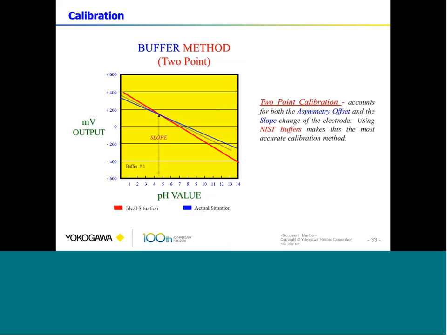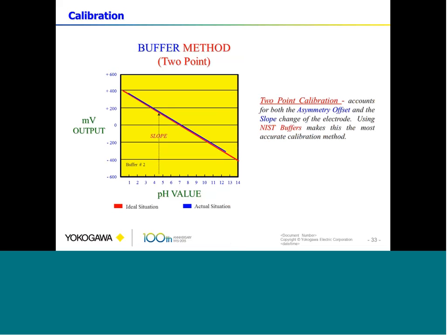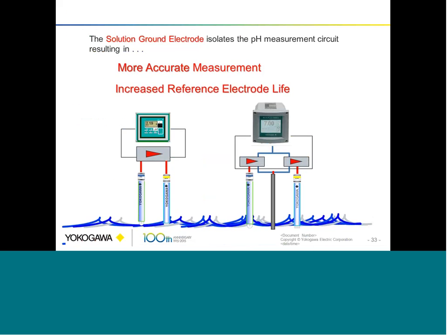But then you put it in a 4 buffer, and you calibrate it so that the combination of electrodes through the analyzer now looks like a perfect Nernstian slope. It matches that slope, and the idea is that we want those electrodes to look perfect so that we get an accurate measurement, so we compensate for any error they might have.